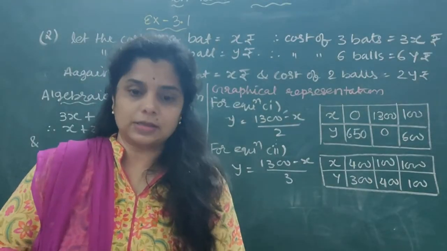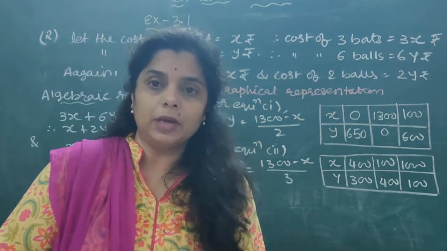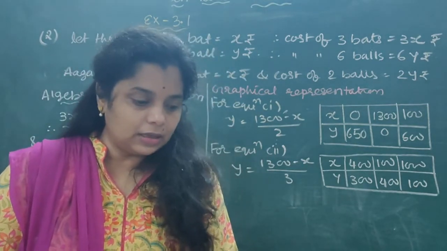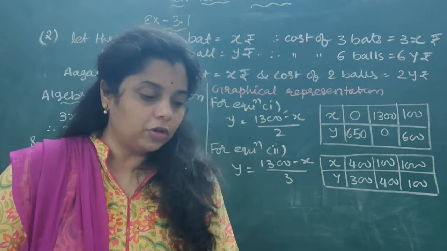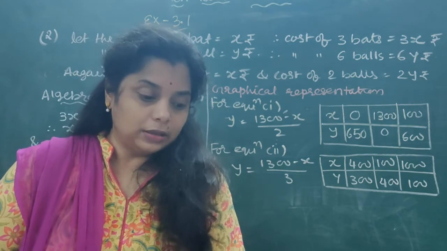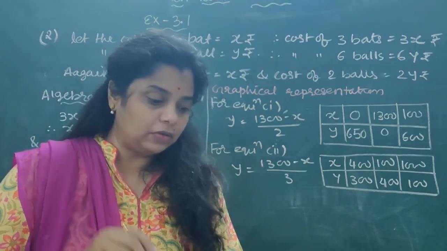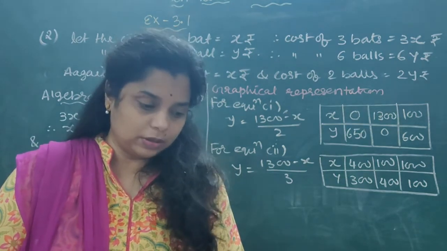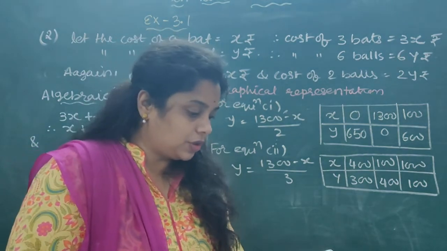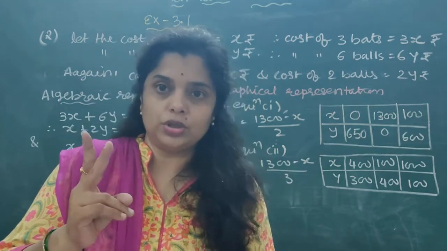Let's start the second question. In that it is given that the coach of a cricket team buys 3 bats and 6 balls for 3900 rupees. Later she buys another bat and 3 more balls of the same kind for 1300 rupees. Represent the situation algebraically and geometrically. So here again there are two situations.